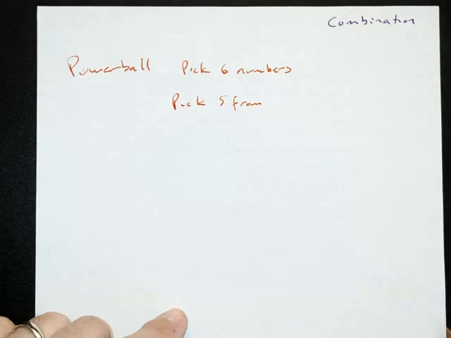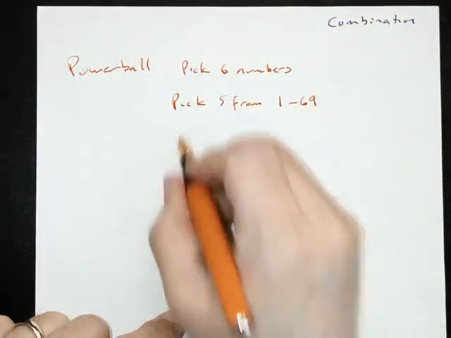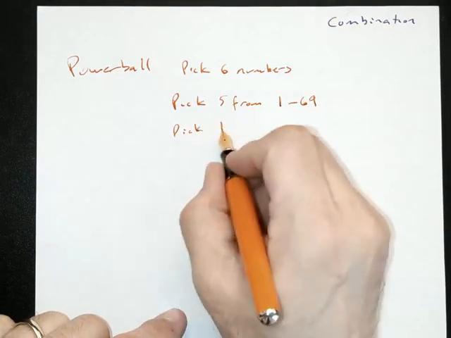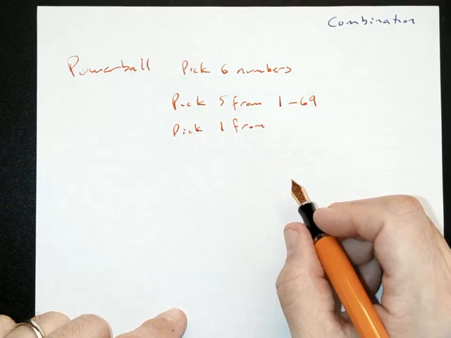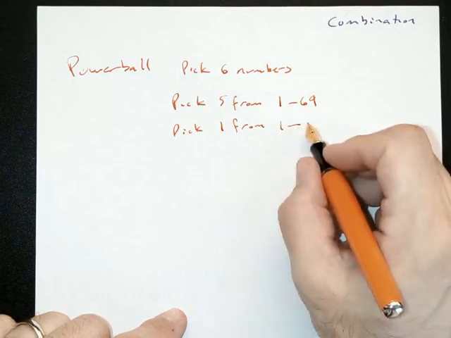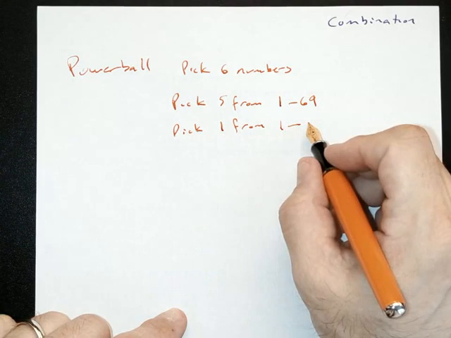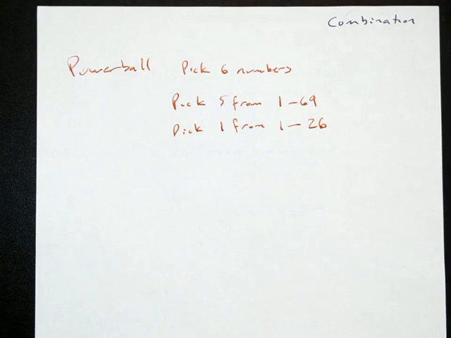The white numbers go from 1 to 69. And then you pick 1 red number, but the red numbers only go up to 26.